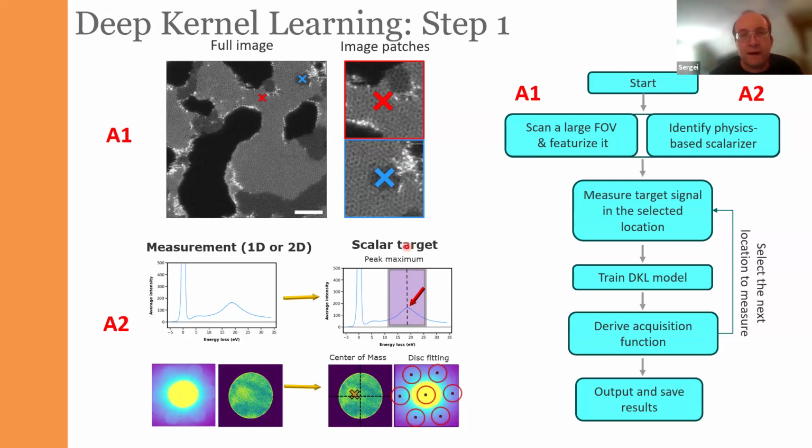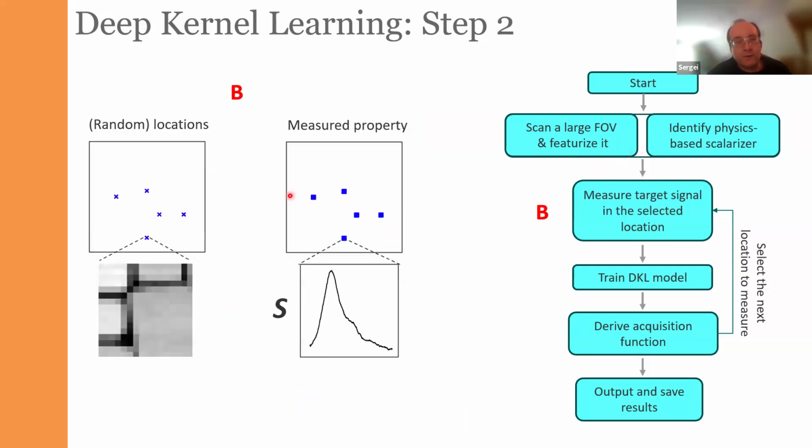However, once we define this scalarizer function, the process becomes something that machine learning can do for us. So how do we do that? First of all, we need to initialize our model.